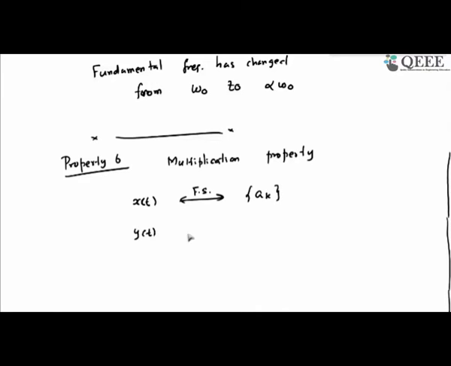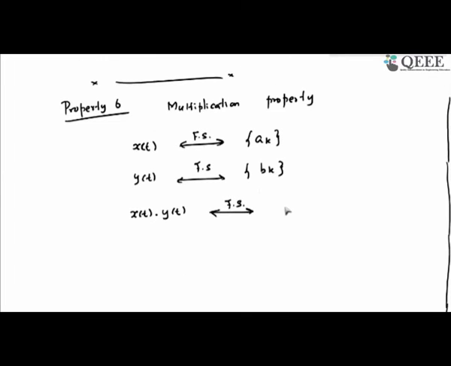Let's say y of t has Fourier series representation using coefficients b_k. Now take x of t times y of t. I take the product and find its Fourier coefficients, which I will call c_k. This c_k is nothing but a_k convolved with the sequence b_k.